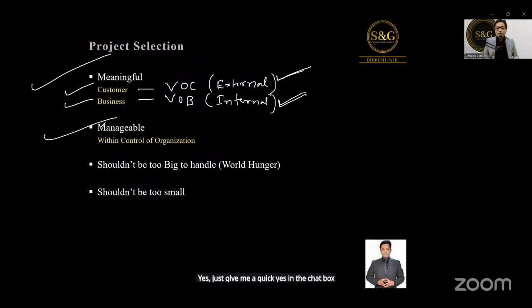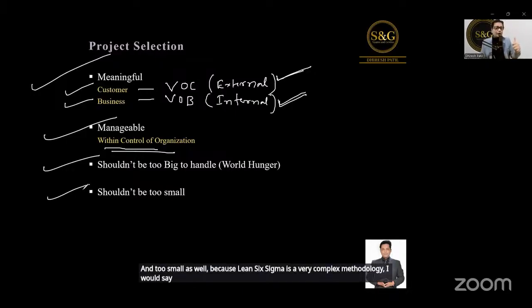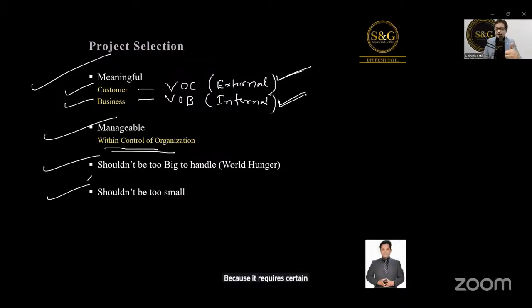Then it should be manageable. The root causes should be within your control, within the organization's control. And it should not be too big to handle, nor too small, because Lean Six Sigma is a very complex methodology. It requires skill sets of statistics, problem solving tools, Minitab, and data analytics.